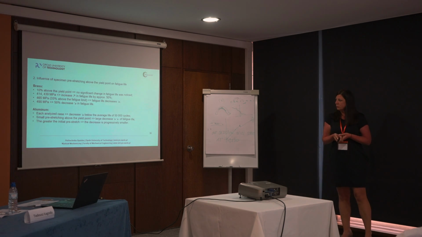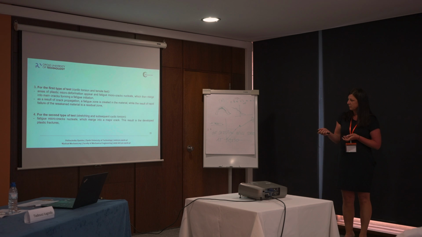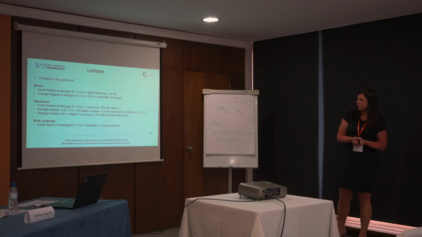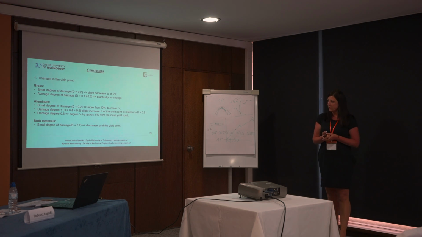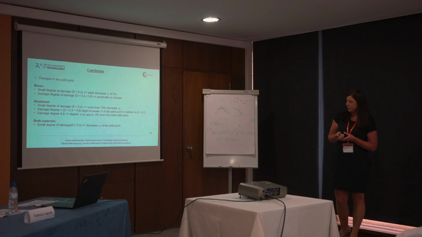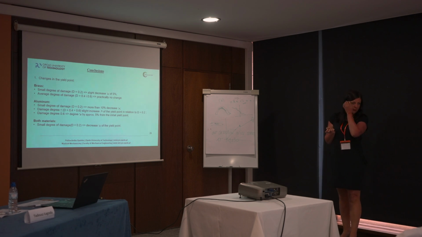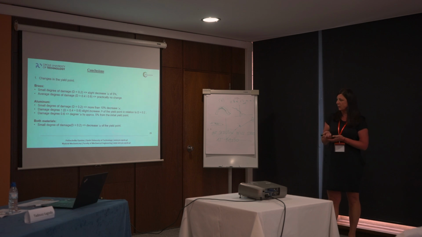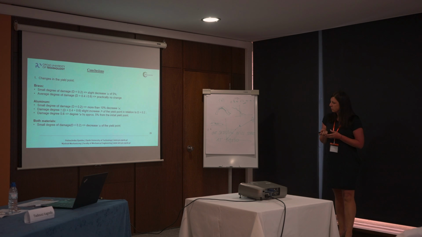And conclusion. So for the first change in the yield point, for brass with a small degree of damage we obtained a slight decrease of about 5%. For an average degree of damage, practically no change. For aluminium, with a small degree of damage we obtained more than a 10% decrease.